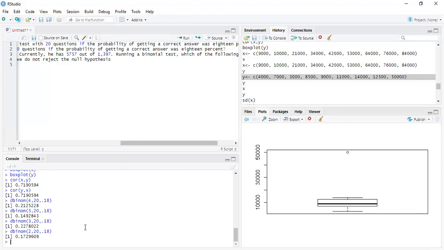That's because this is just saying, what's the likelihood you will get 3? There's a higher likelihood that one would get 3 than one would get 2 out of 20 questions when there's an 18% chance to get something right. So this is just giving you the one number of the given, which is here. So this seems to be the most likely scenario.